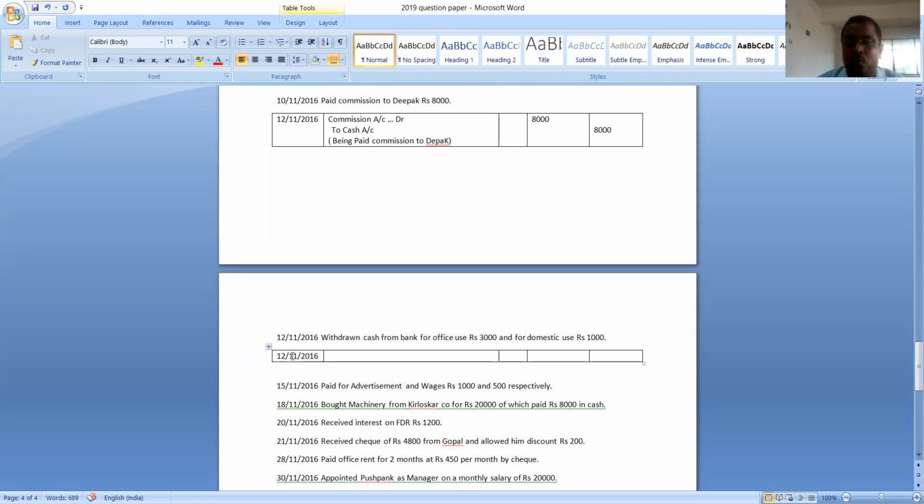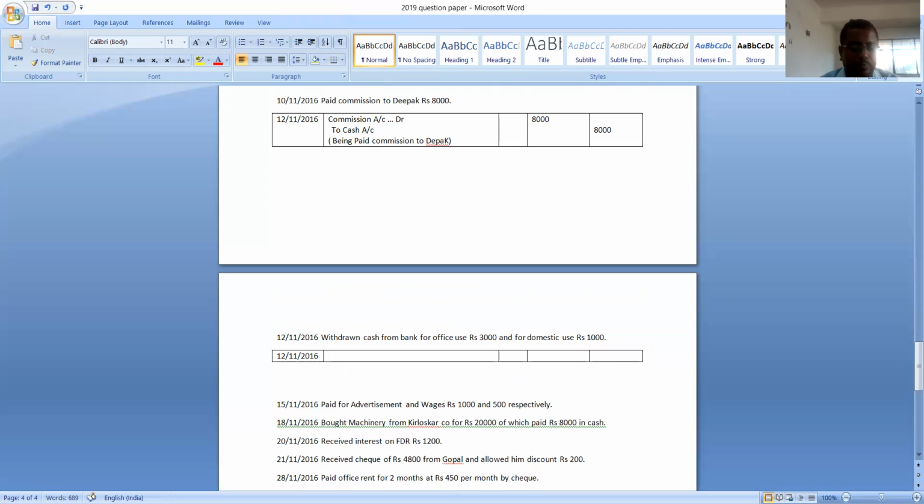domestic use rupees 1,000. Here we are withdrawing cash from bank for office use how much? 3,000 and for domestic use how much? 1,000. So how many accounts will come? Actually here three accounts will come. Which are those three accounts? One is a cash account, because you are withdrawing cash from bank.